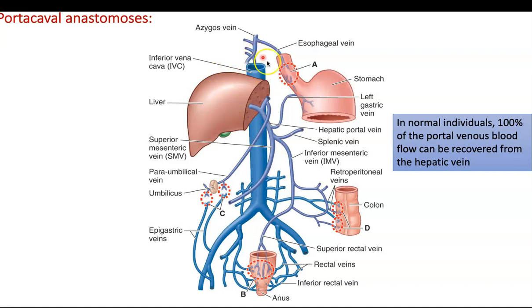Now the systemic veins are the ones that are not part of the portal venous system. They drain directly into the systemic veins. So those we call systemic veins versus the portal vein.